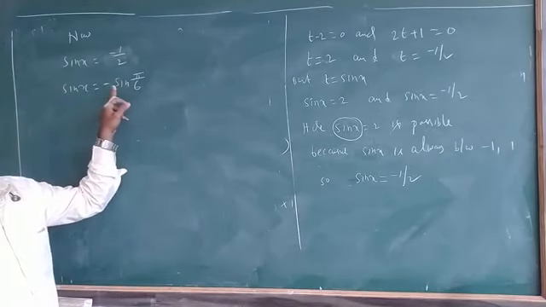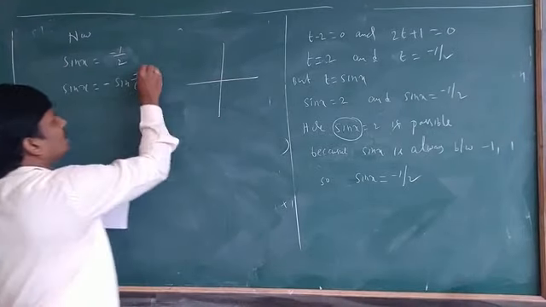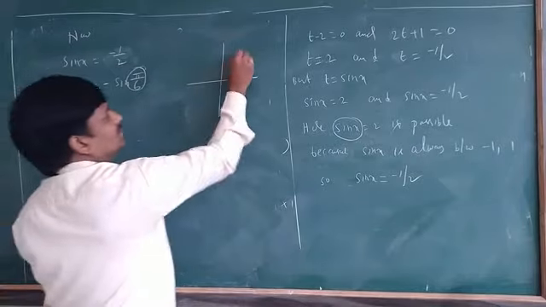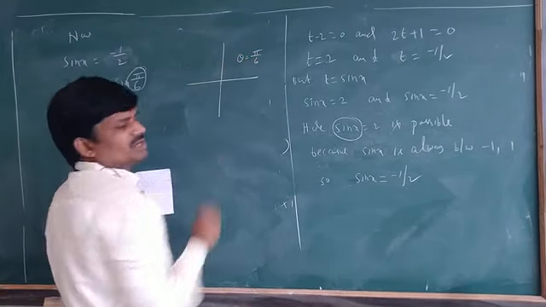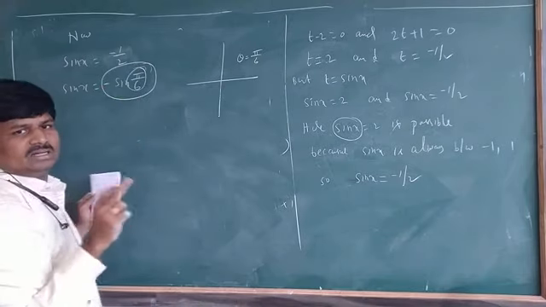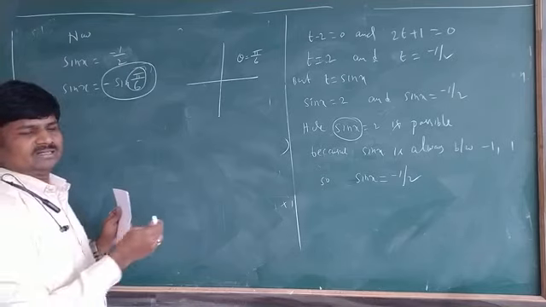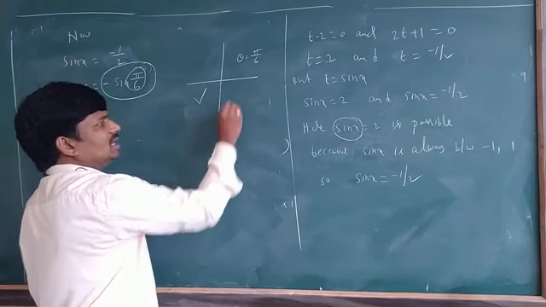So sin is a negative value. Theta here is pi by 6, always in the first quadrant. But the total value is minus sin pi by 6, sin is negative. Sin negative means in which quadrant it lies? Third and fourth.